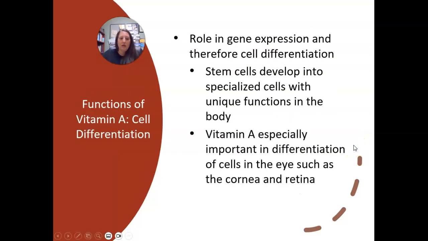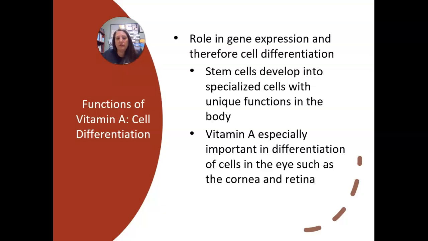Okay. Vitamin A also has a role in cellular differentiation. And so cellular differentiation is when stem cells are triggered to develop into some sort of a cell. So for example, a stem cell in the area of the head might be triggered to develop into brain cells. Okay, so vitamin A has a role in proper cellular differentiation.